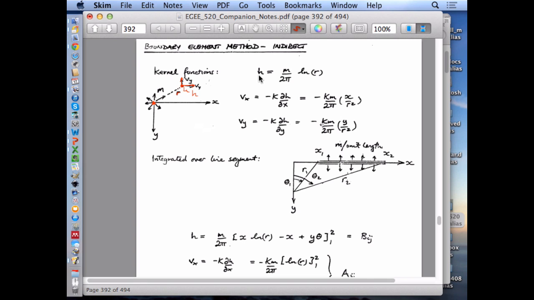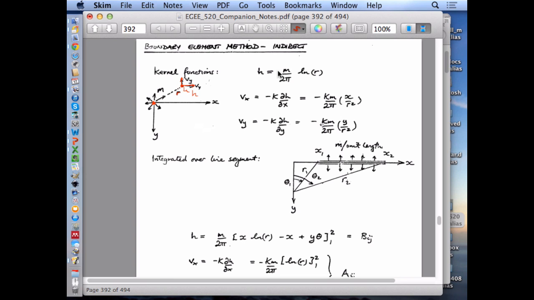The solution is that the head at any point is equal to how far you are away from that point. It's obviously radially symmetric, multiplied by the source strength. M is the strength of the source, and you could work out what that is in terms of volumes per unit time, but it's the source strength.